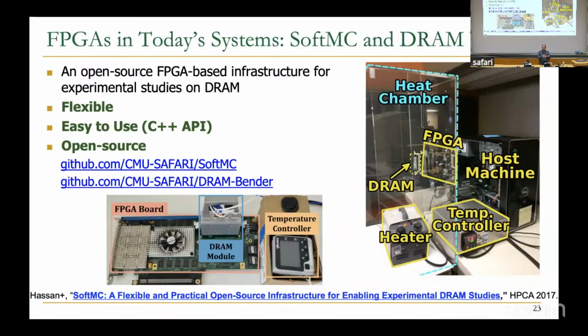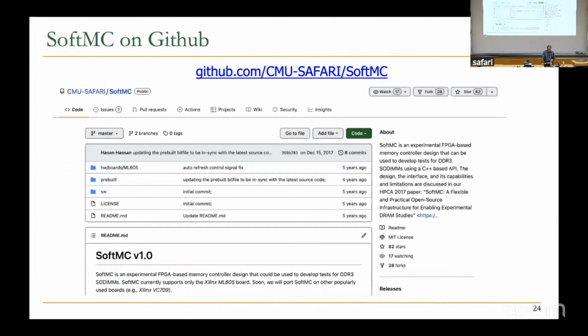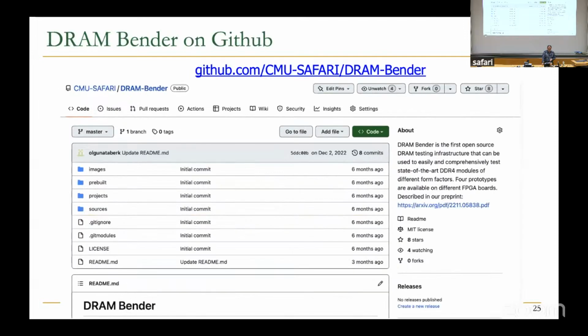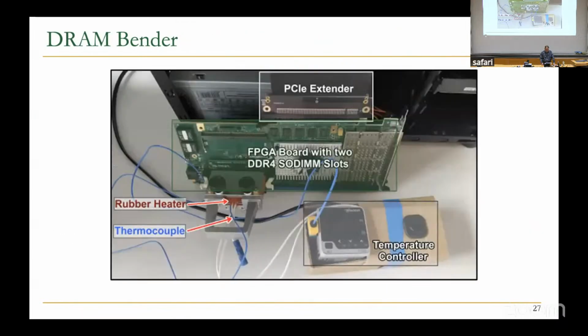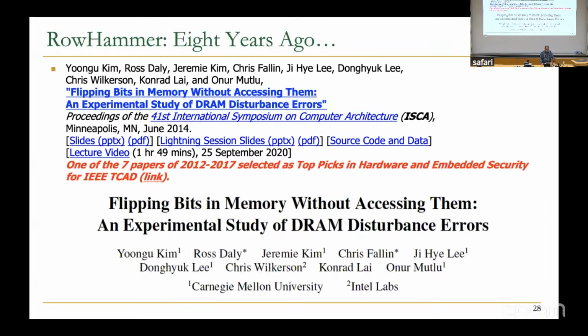That's what we got from this DRAM Bender system. If you're interested, you can check SoftMC and DRAM Bender on our GitHub page. It's already completely released. And this is the paper if you want to learn more about it. This is also a picture from this system, you can check.